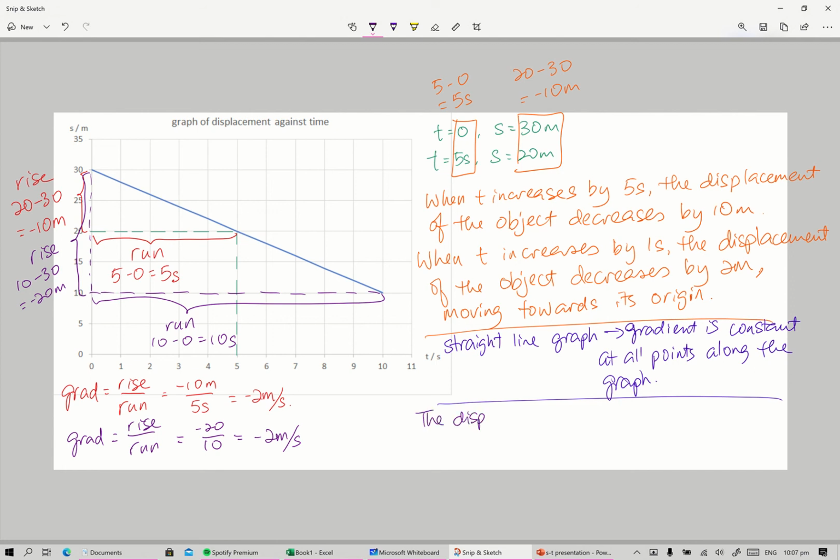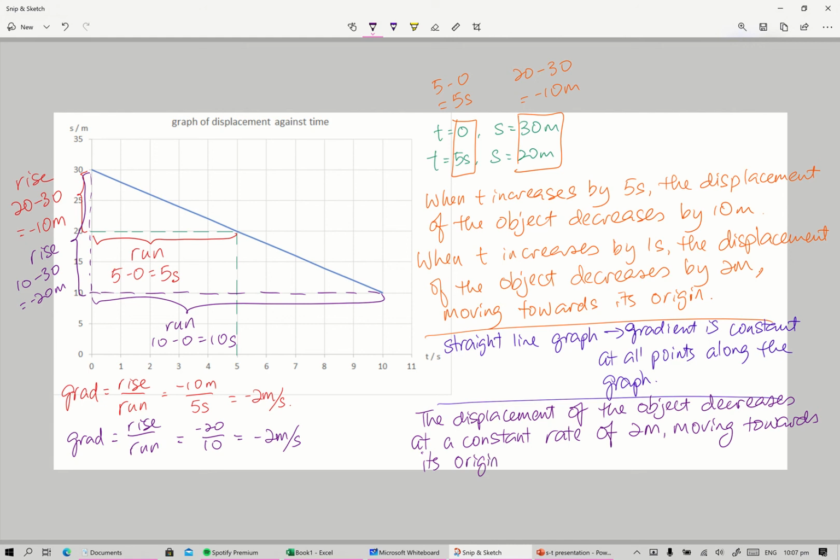The displacement of the object decreases at a constant rate of 2 meters moving towards its origin for every 1 second.